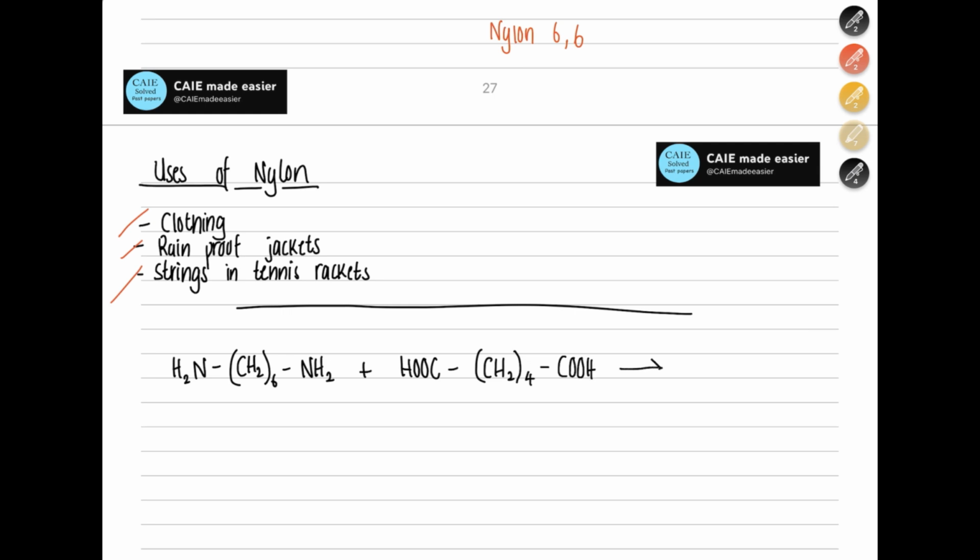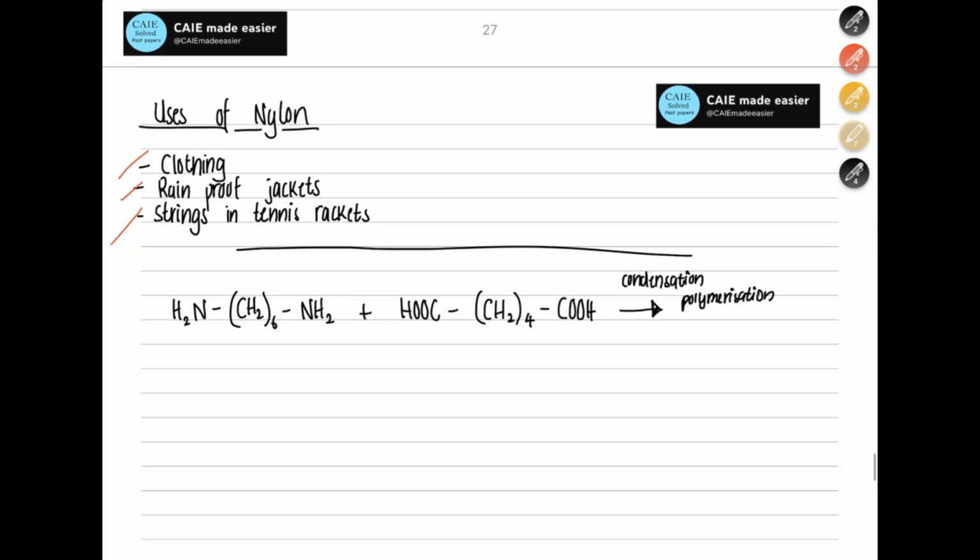Before doing condensation polymerization, we can rewrite the main groups where the change is happening, and here we'll just make a box. This is very useful when you're doing polymerization. So we'll write the key here.